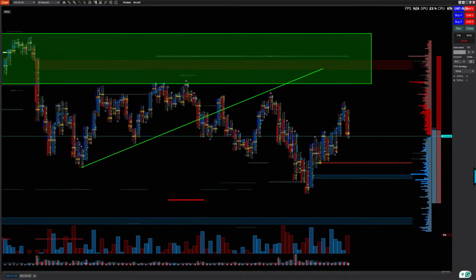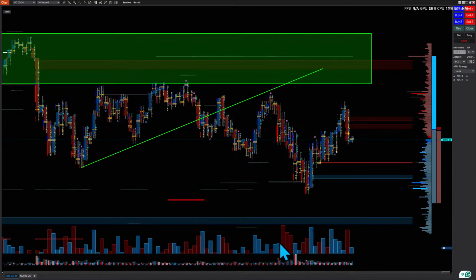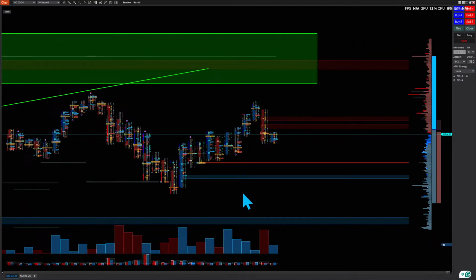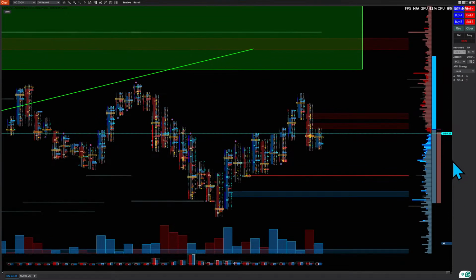Okay. Now, another way to use pulling and stacking: this is the delta 2, and delta 2 is delta for pulling and stacking. Now, guys, this is the type of indicator that not too many people understand how to use, especially in a context.